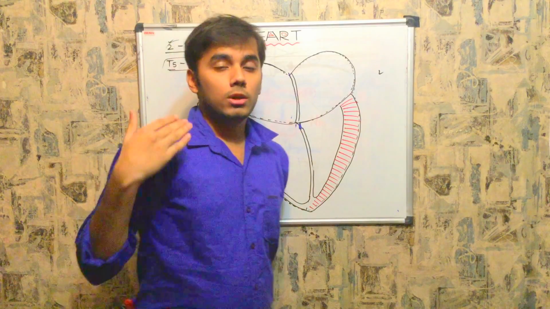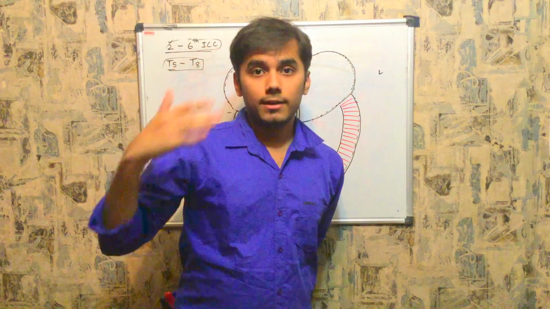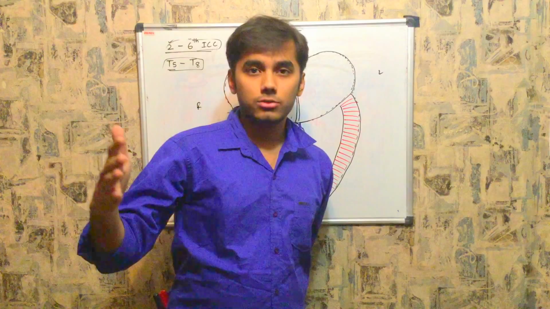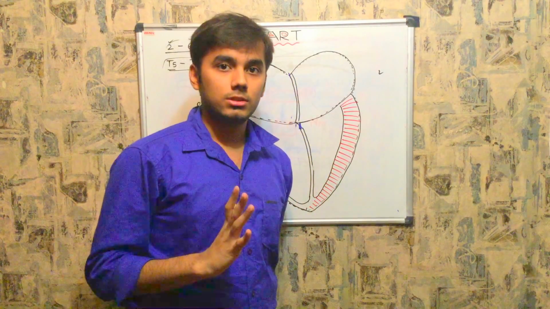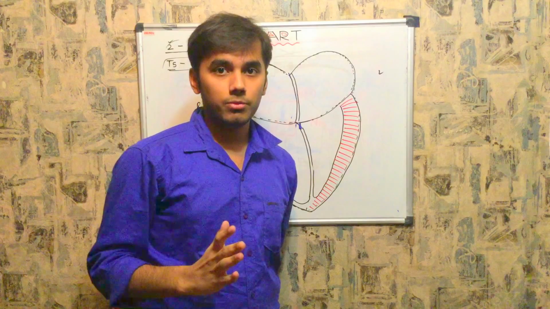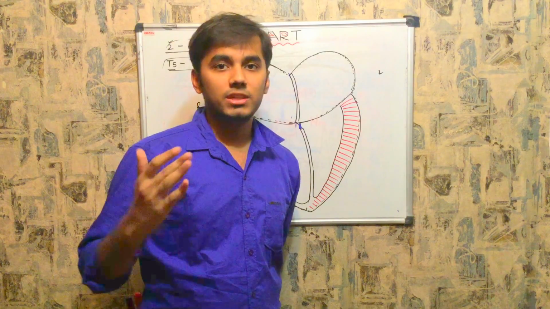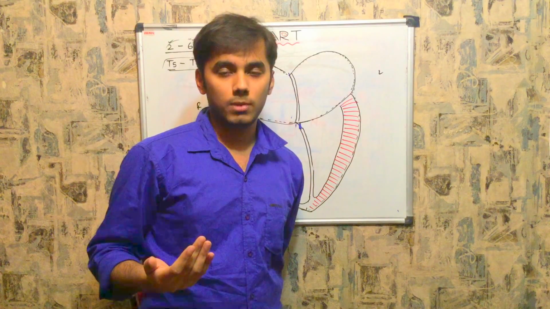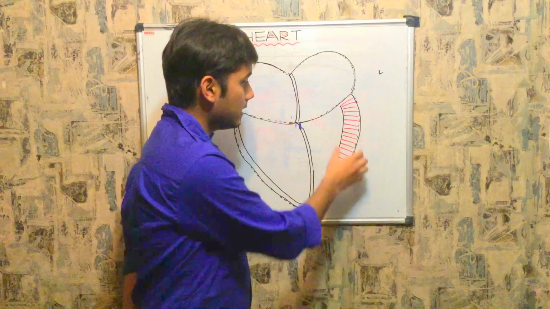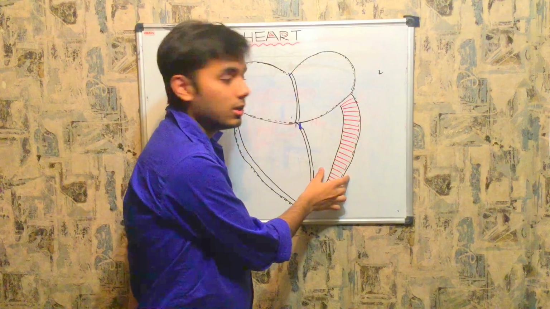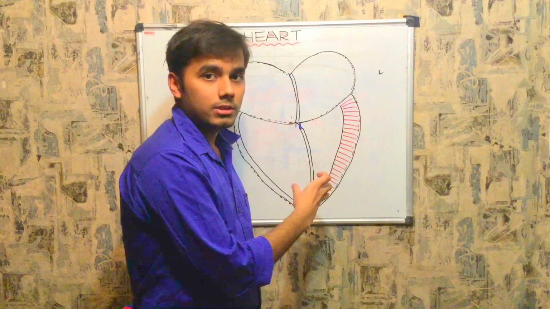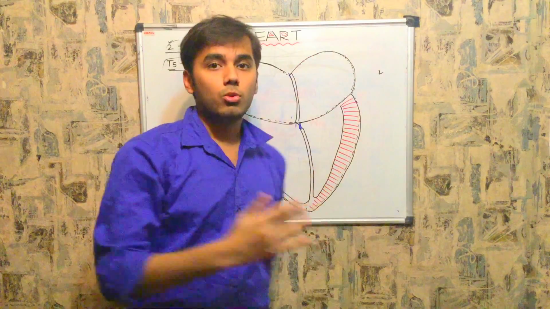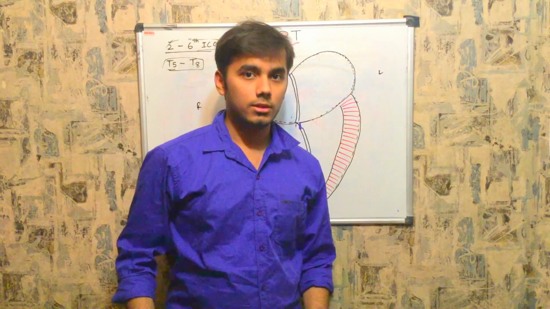So to take that blood to your head, to your lower limbs, or to the distant parts of your body, the blood needs to be pumped with high pressure. If the blood is not pumped with high pressure, then there will be insufficiency of blood in your body, right? That is the reason why there is a thick muscular wall, so that the ventricle can pump forcefully with high pressure, and blood can pass through all the distant parts of your body, right?